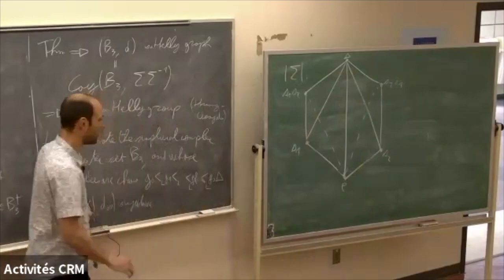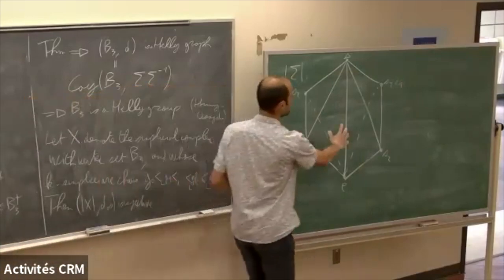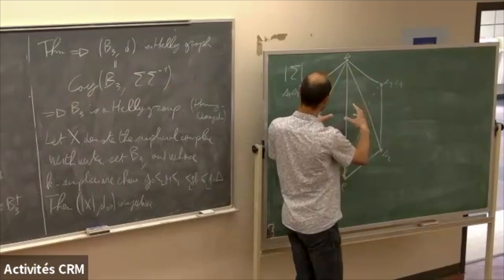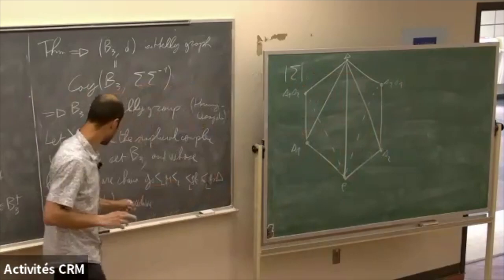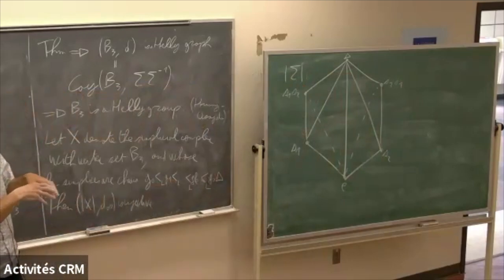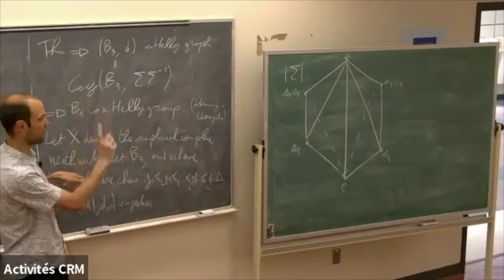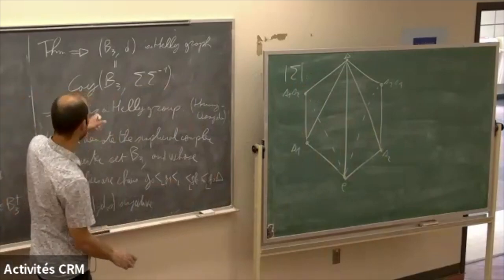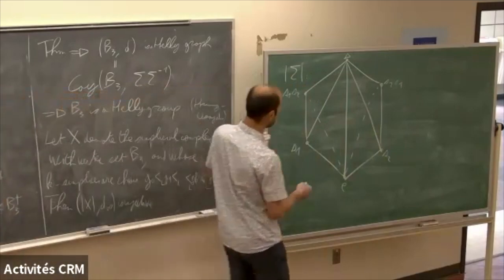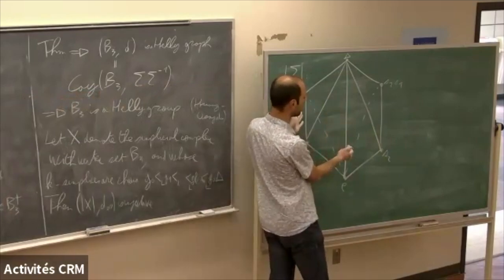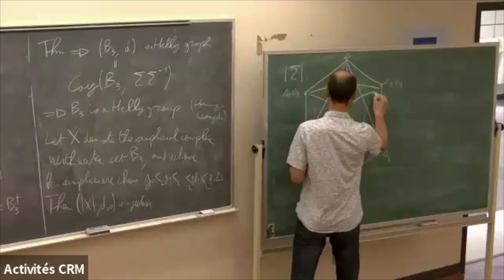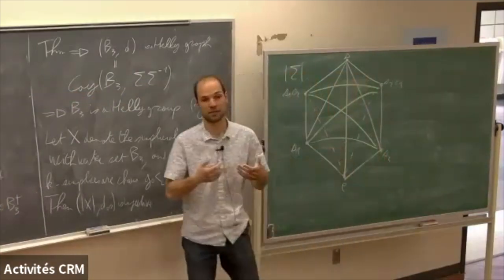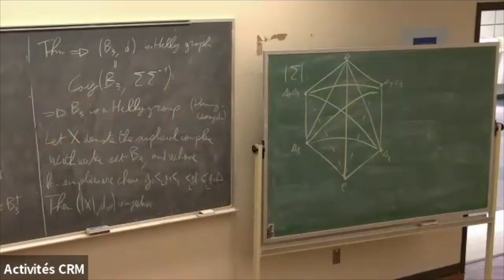So this geometric realization locally looks like the union of two simplices along this diagonal edge. And in fact, X will be the product of a tree of triangles by R, whereas the Helly graph will be obtained by taking this graph and adding edges. So you need to add edges to make it Helly, taking a thickening of this injective simplicial complex.